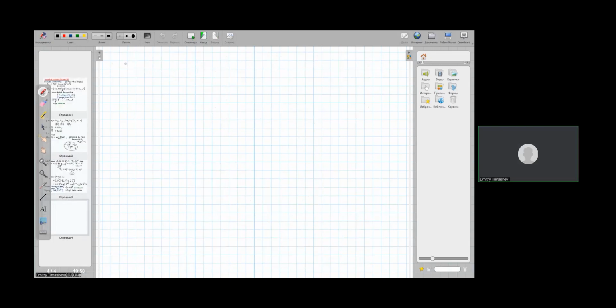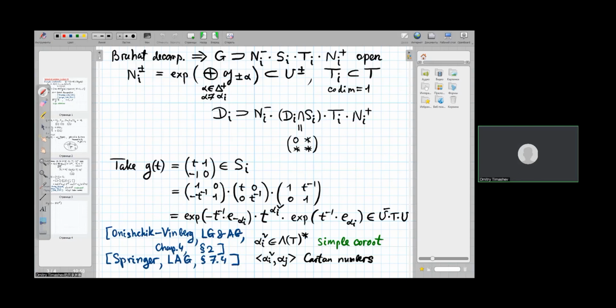So it follows from the previous formula that the value of f at g(t) is the same as the value of f at the middle term, t to the power alpha i check, because the terms on the left and on the right belong to U minus and U respectively, and f is semi-invariant under B minus cross B. That means that it is invariant under U minus and U, because all characters take value 1 on unipotent parts of B minus and B. So it remains to compute the value of f on this multiplicative one-parameter subgroup in the middle.